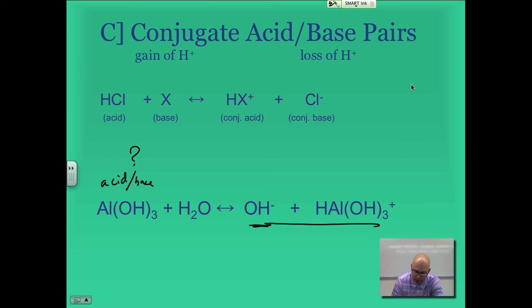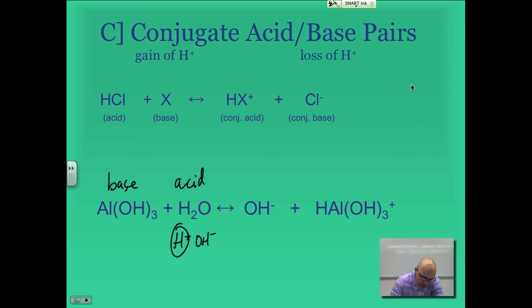Notice that you have an H, AlOH3. That means that this must have gained an H. So this aluminum hydroxide is a base. H2O is acting as the acid.